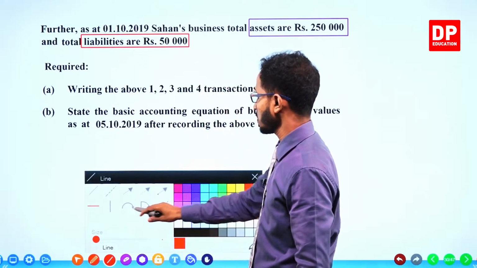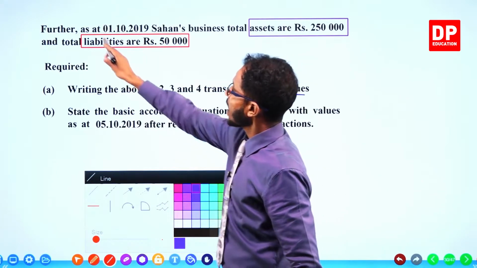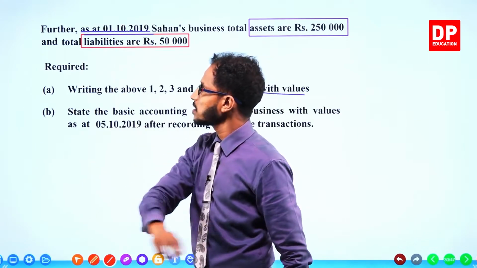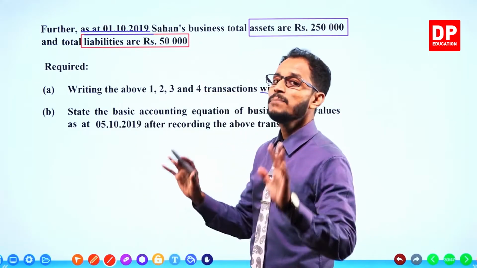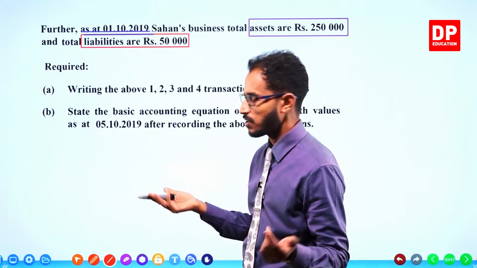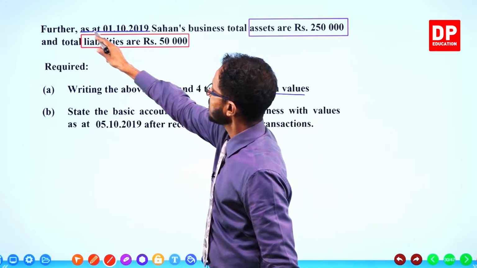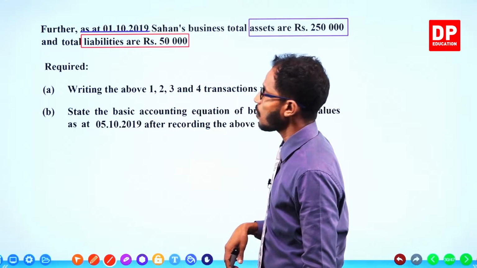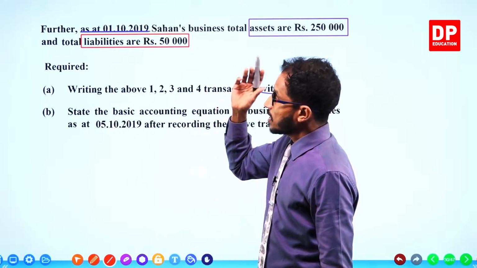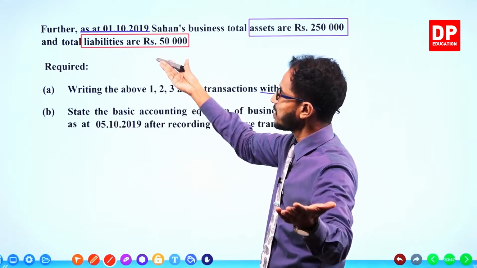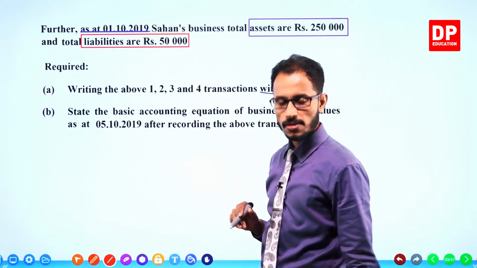As at which date? As at 1st October, beginning of the month. Given assets and given liabilities are the opening balances.